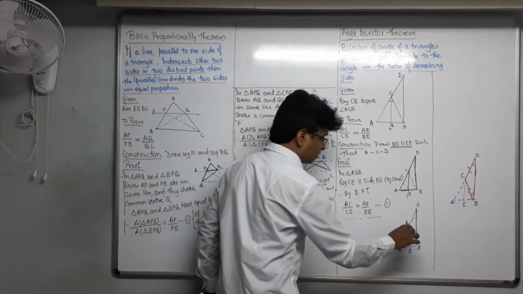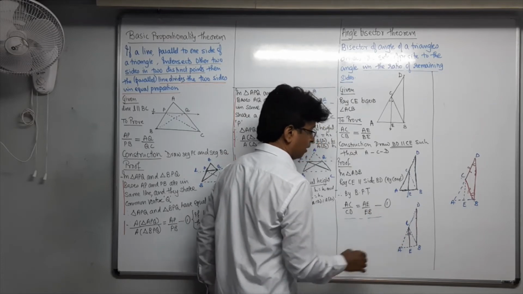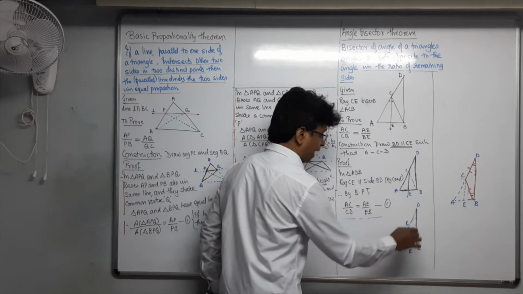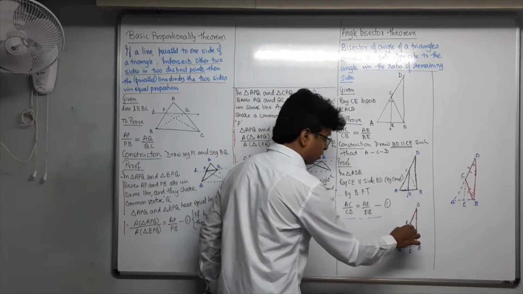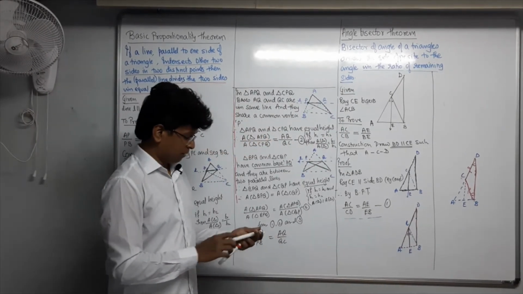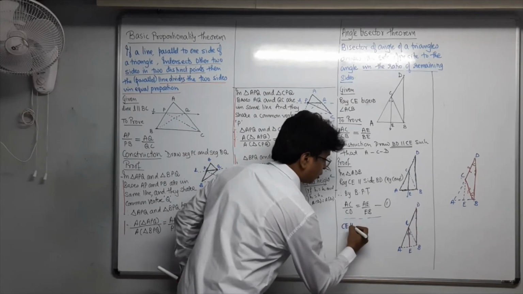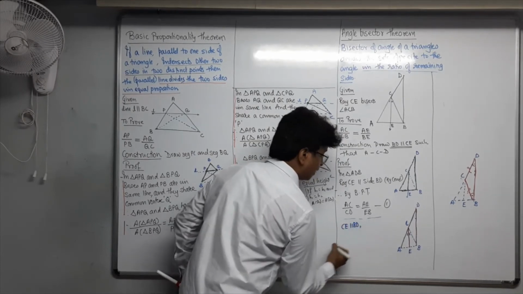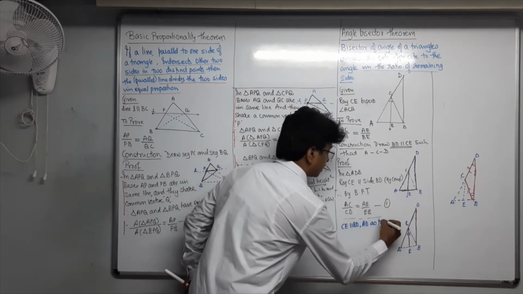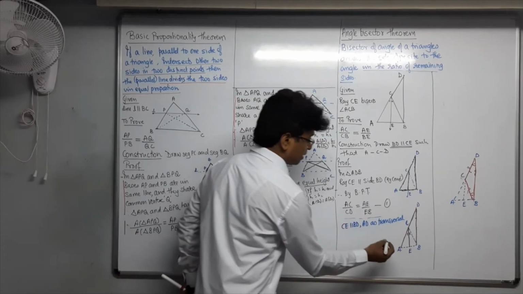Fine. So if I want these transversals making corresponding angles, these two parallel lines making corresponding angles, I will have to say CE parallel to BD, and in my dear students, you will have to draw this and see. AD is a transversal. CE parallel to BD and AD as transversal. See, my dear students, when this is there, then see the corresponding angle.